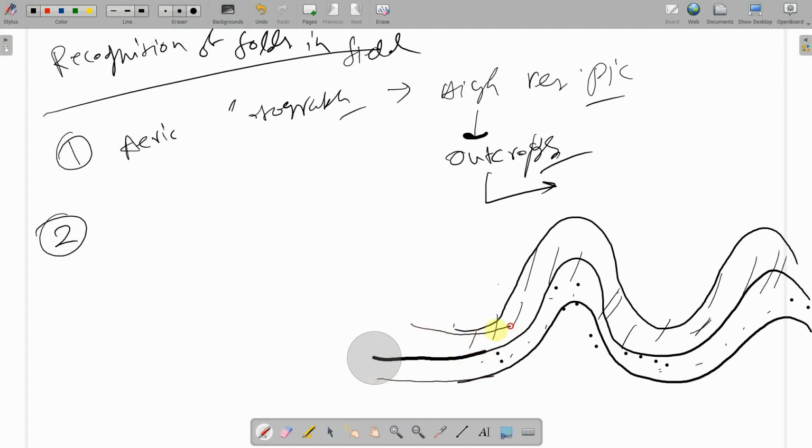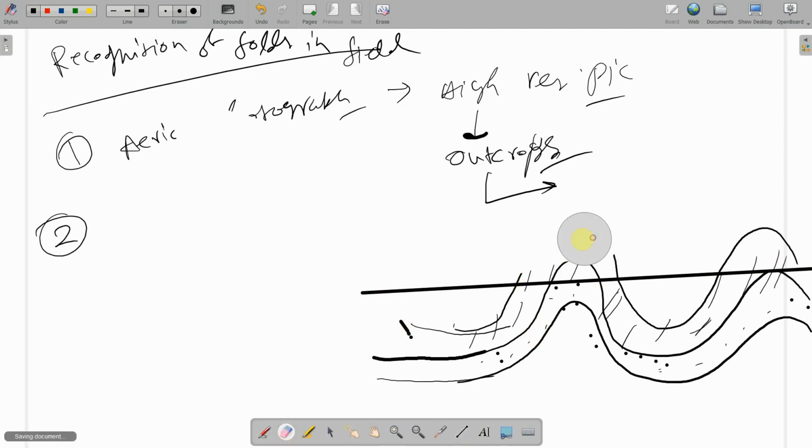So I'm taking a straight line here and the upper part got eroded. Suppose this portion will be removed, so remove this.